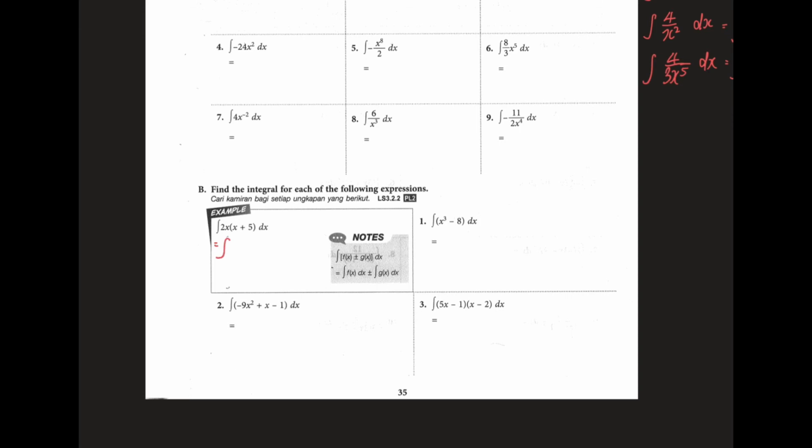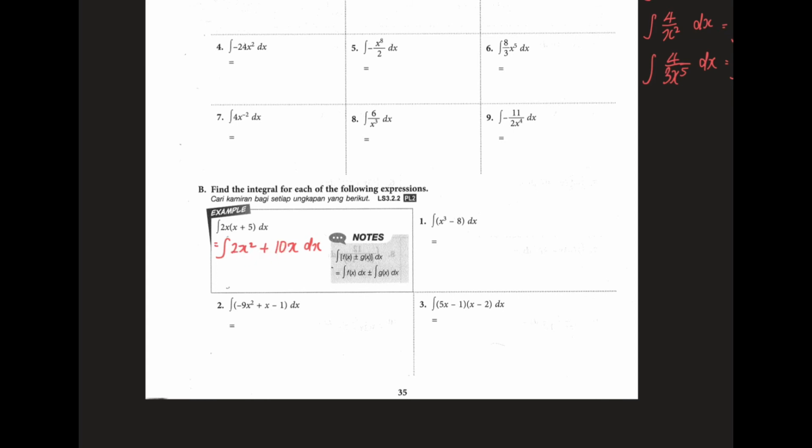Okay, so we expand first. 2x squared plus 10x. So you see I expand it and I'm still writing the integral sign. The integral sign comes in one set. This is the front part, this is the back one. So they come in one set. So this and this must be there at the same time. Then the question is in the middle.